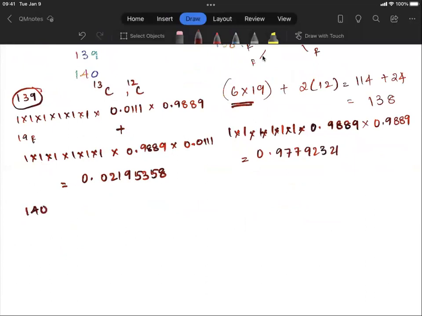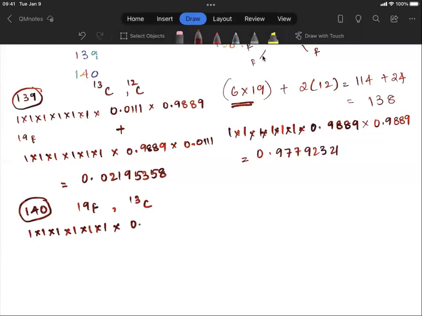Now, the only scenario where you can have 140 units is you have all 19F and both 13C carbons. So the probability of that happening for all fluorines is just 1. And both the carbons have 13 units.